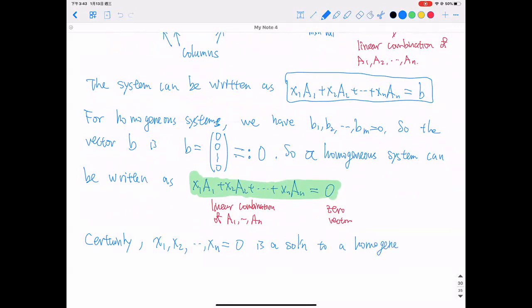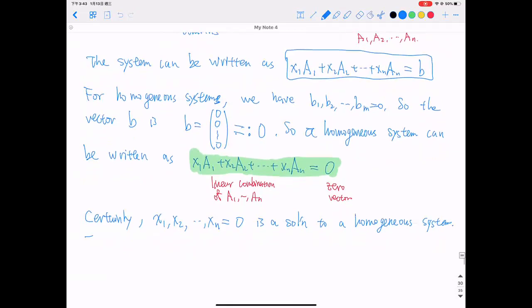Namely, all the variables x1 through xn are equal to 0. There are two possibilities, right? A homogeneous system either has only the zero solution, or it has non-zero solutions.